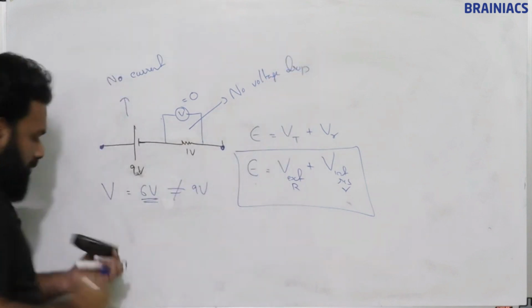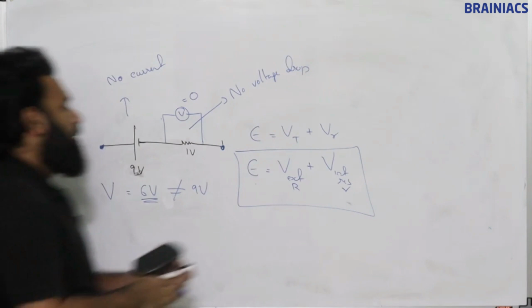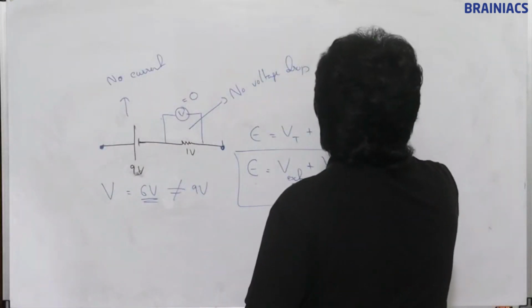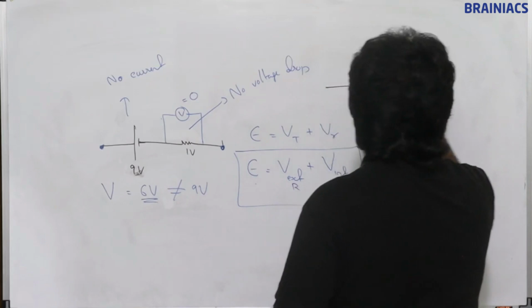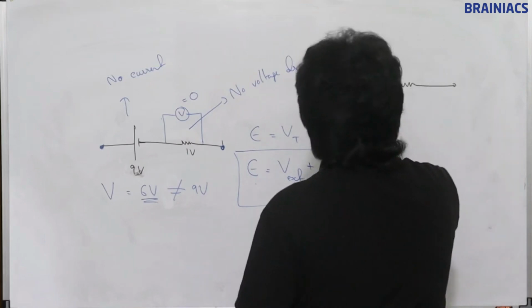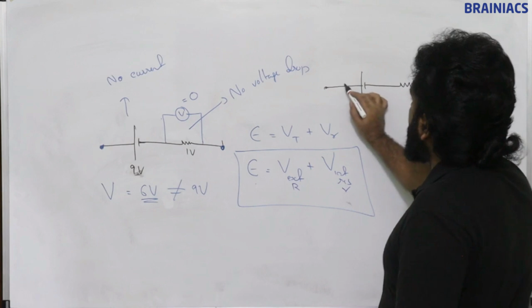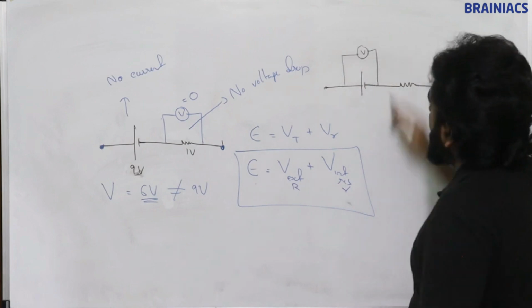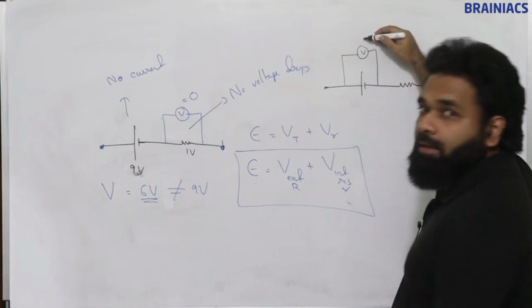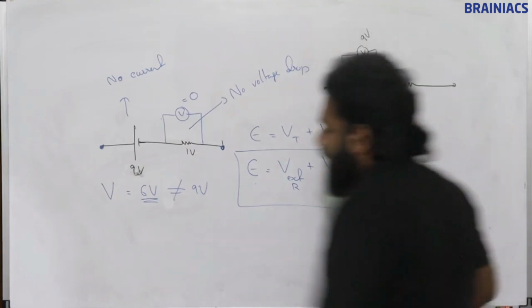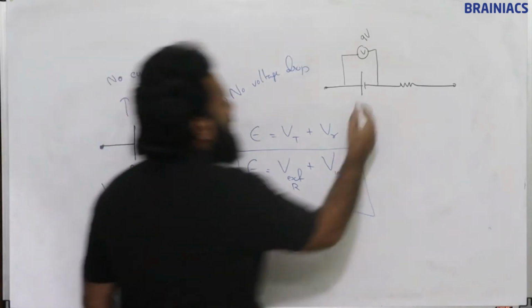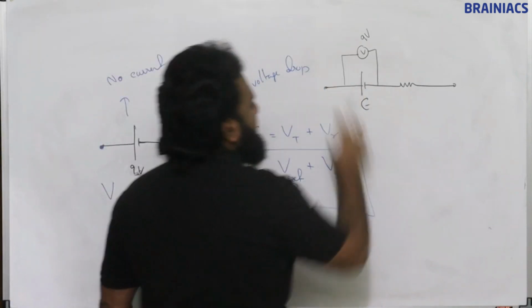If in the same circuit we measure the voltage across the cell, we will get what? 9 volt. If we are in a position to measure the voltage across the cell alone, definitely this will come inside.